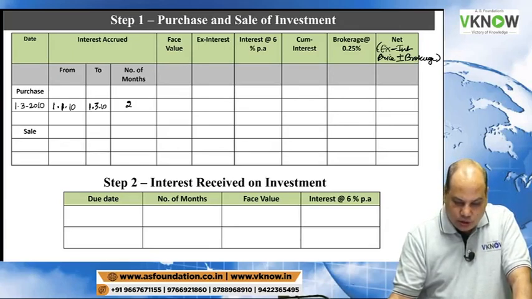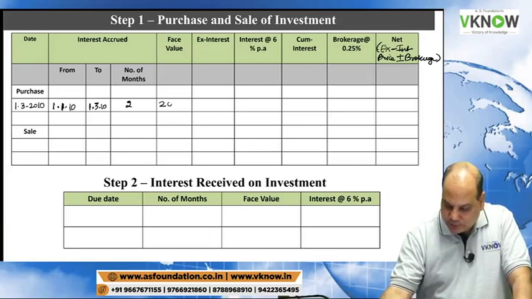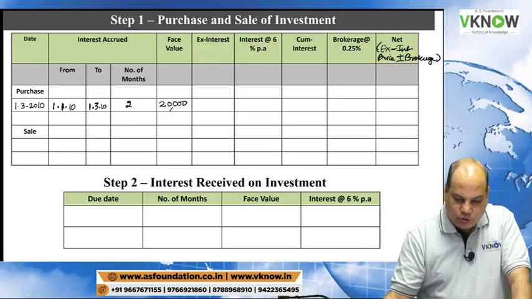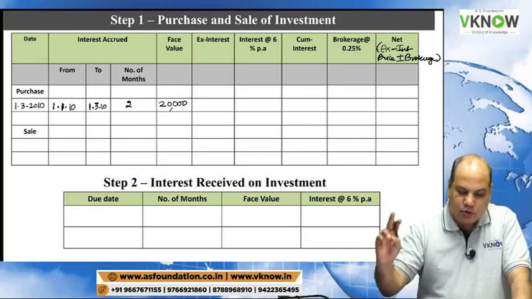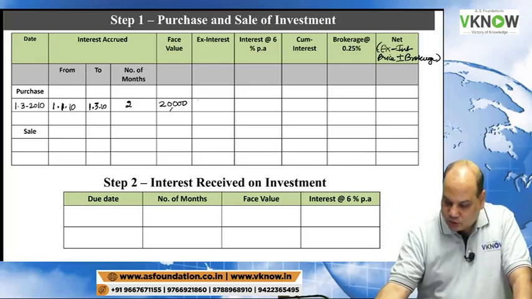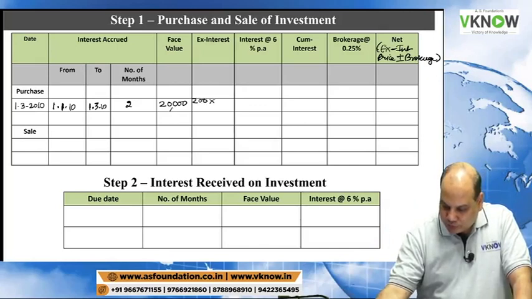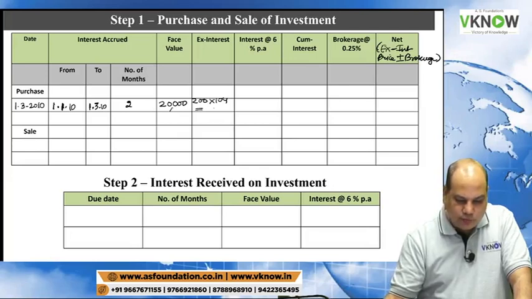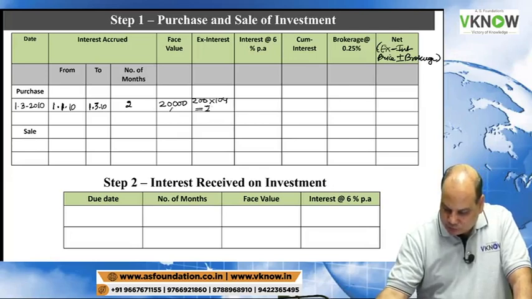Quantity is 200 units. 200 into 100, 20,000. This is purchased on ex interest basis. So take 200 into 104. 200 into 104 is 20,800.